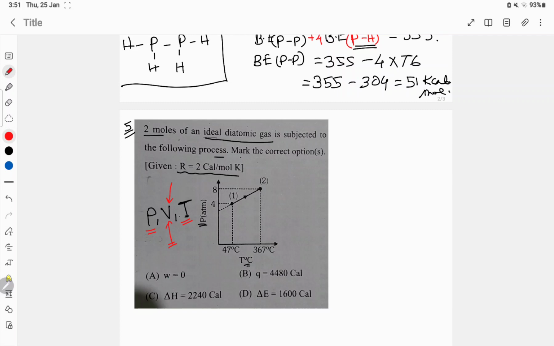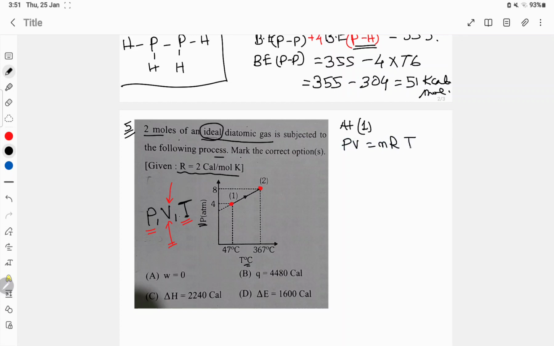For point 1 and point 2, let's find the volume at each and see how the volume changes. At point 1, since it is an ideal gas, let's apply the ideal gas equation.